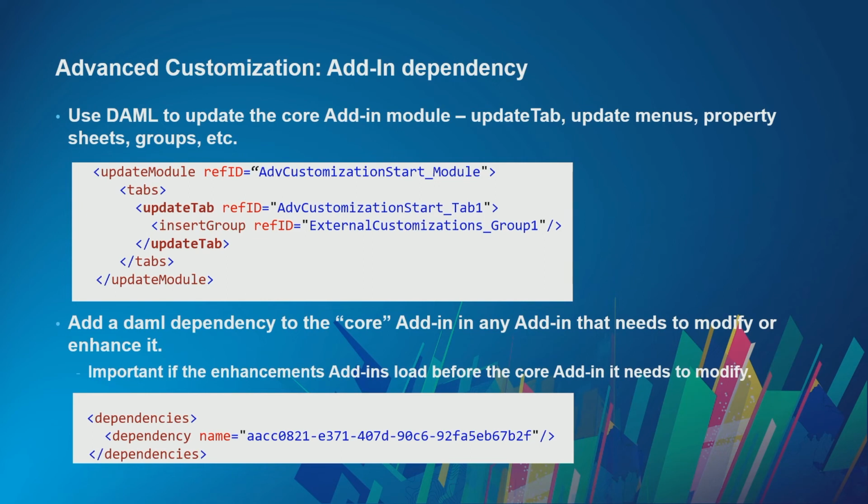So there is an add-in dependency over here. So you control this add-in dependency by using the dependencies element. You can see that in the screenshot at the bottom. And here we have the dependency child element, and its name attribute is set to the GUID of our core add-in.